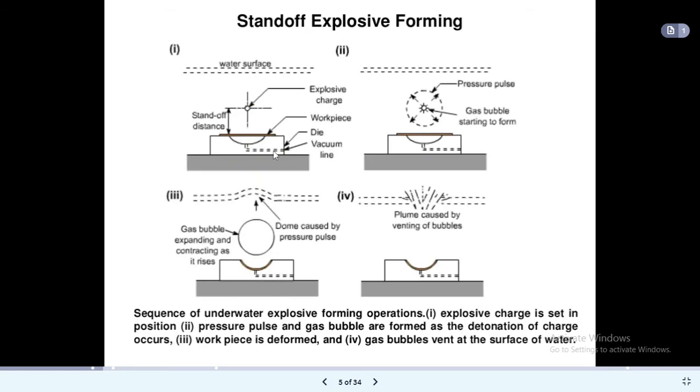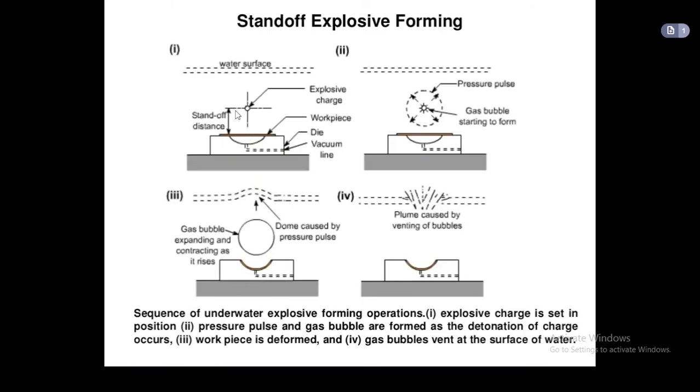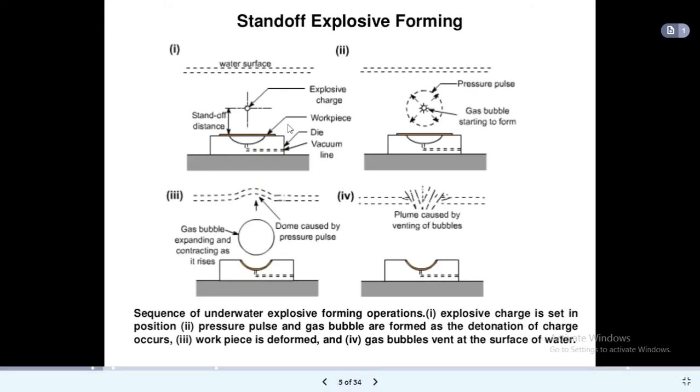This whole process is conducted in a closed container, and the container is filled with water. So here is the water surface inside the container, here is the explosive charge, this is the workpiece, and this is the die and vacuum line.